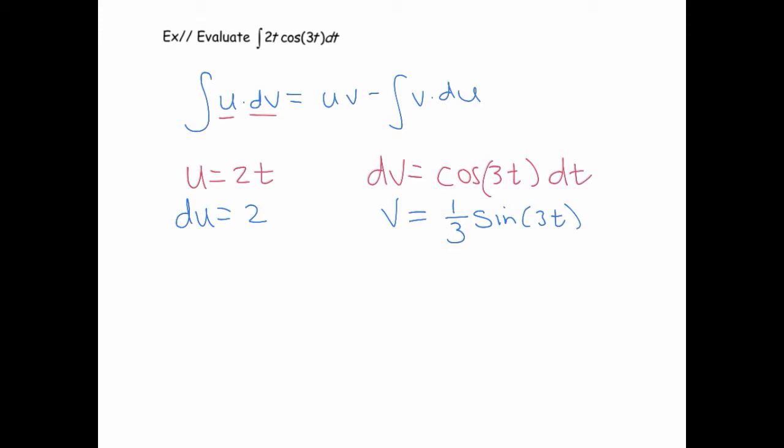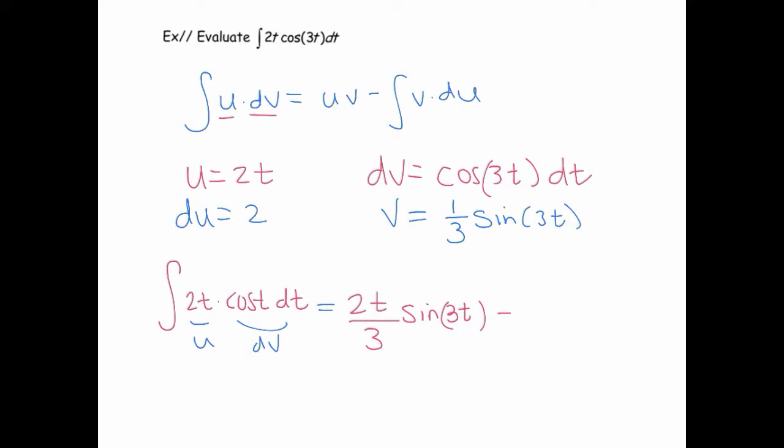And now I just apply the formula. So this integral up here, again, that was my u, that was my dv. That's going to equal uv, so that's 2t times a third sine of 3t, uv, minus the integral of v times du, which is 2.